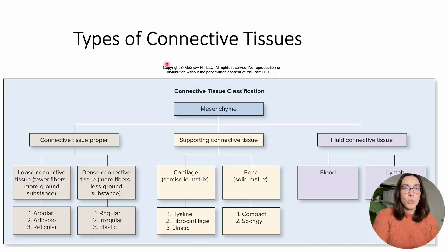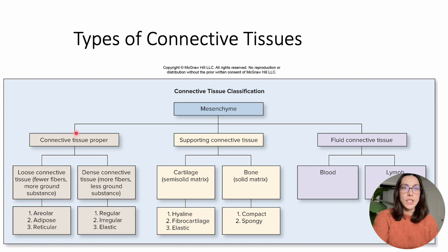All of the different types of connective tissues come from mesenchyme, which is an embryonic tissue. That mesenchyme differentiates into three types of connective tissue that can be classified based on their function.